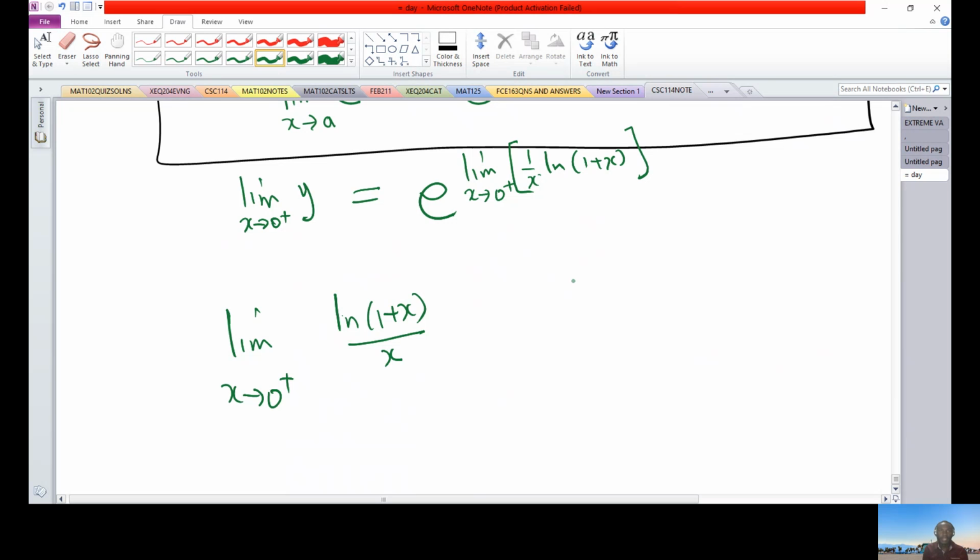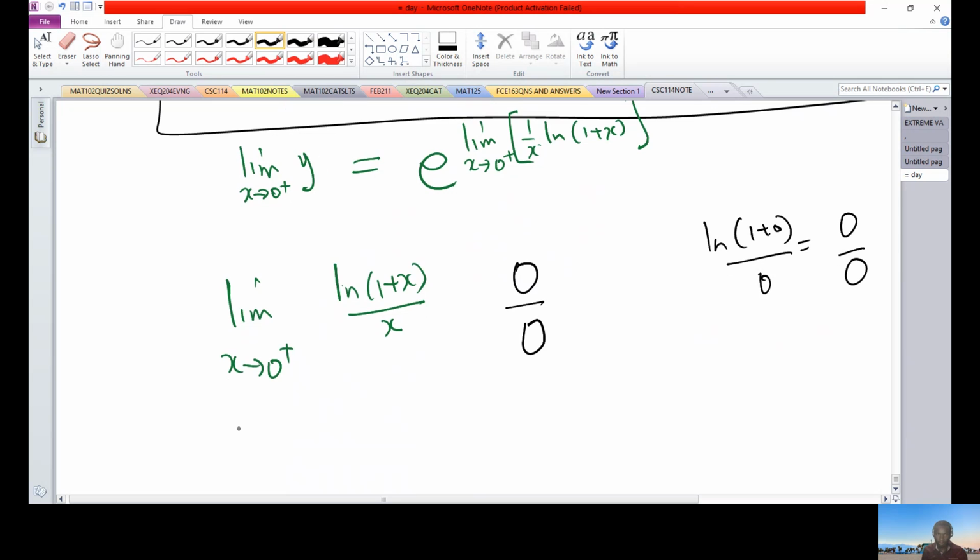Now let's see, by direct substitution we'll have ln of 1 plus 0 over 0. So ln of 1 is 0, so it's 0 over 0. This is a case of 0 over 0, and when we get the case of 0 over 0, then we know that L'Hopital's rule can apply.